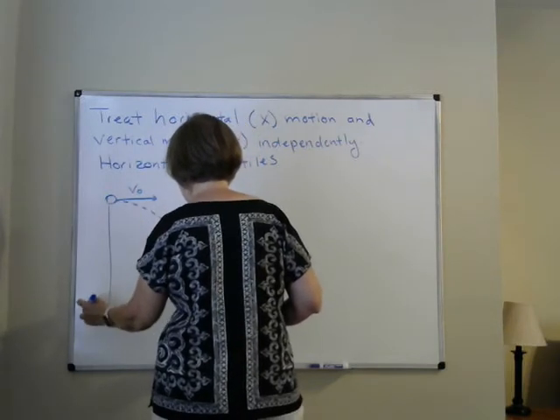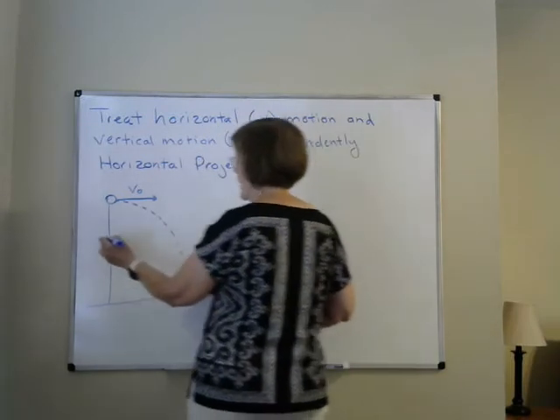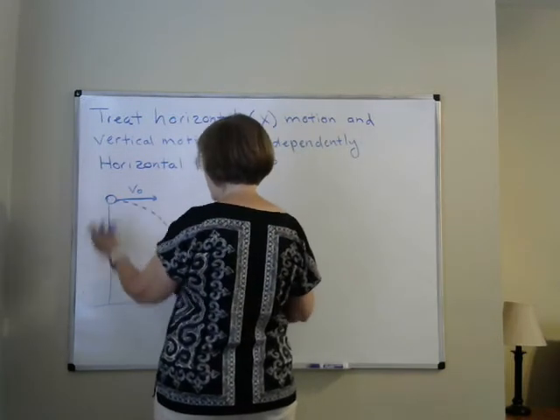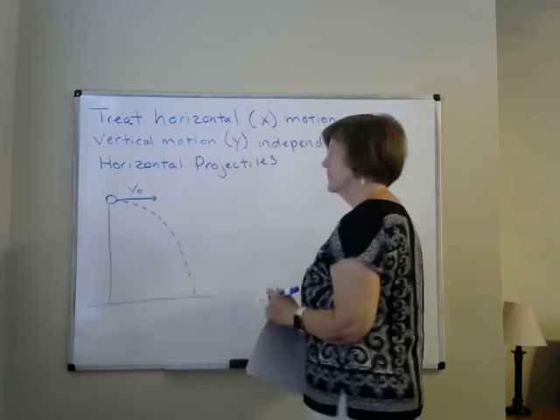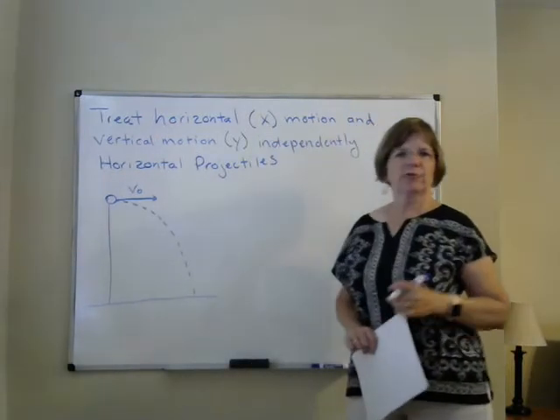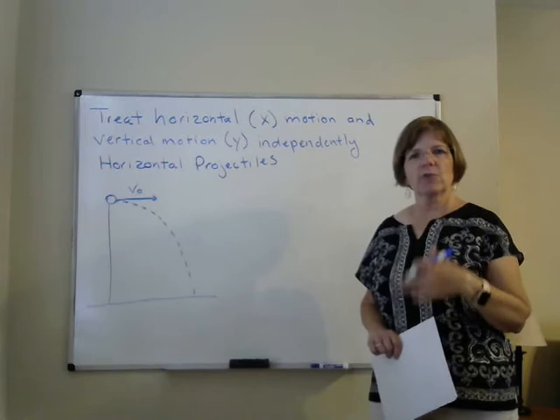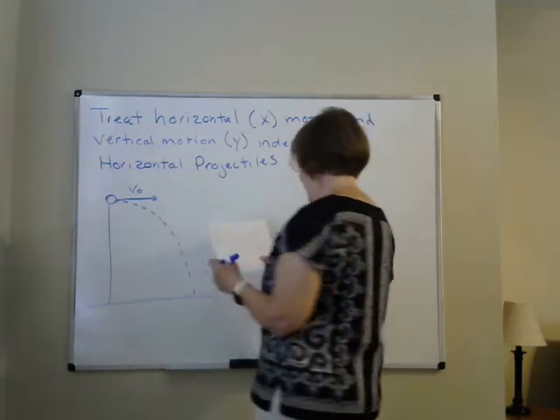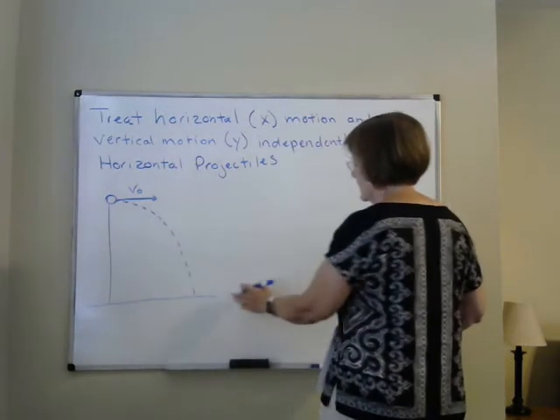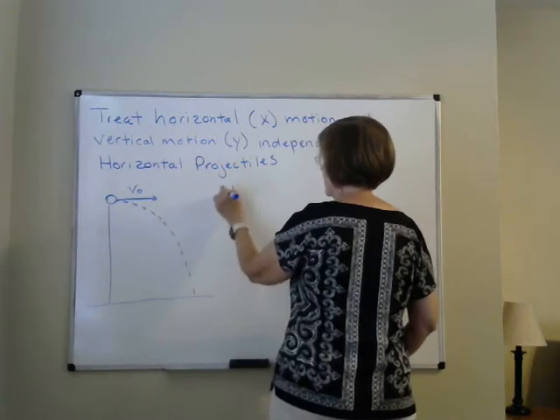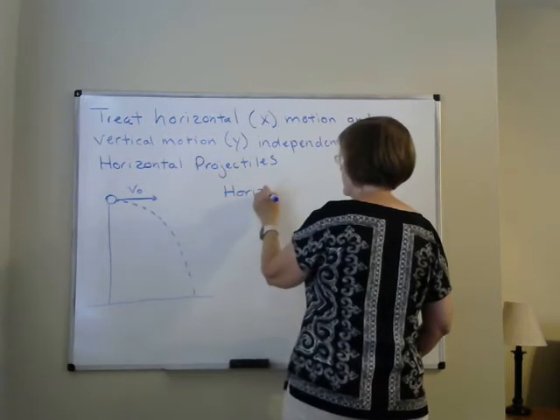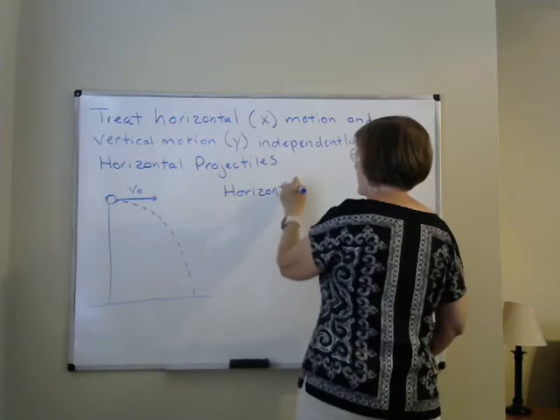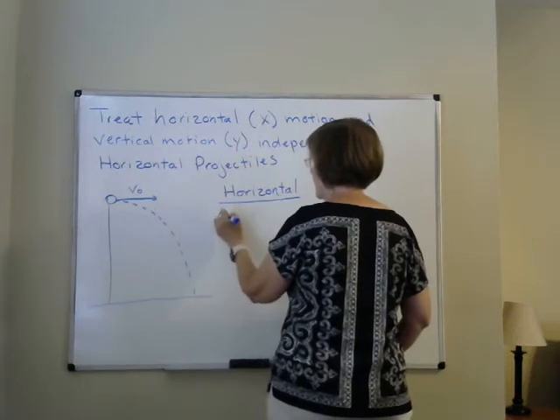Now, in order to have a horizontal projectile, it has to start off with some initial height here. You have to throw a baseball above ground. You can't have a horizontal projectile start off at ground level. If we think about everything that's going on, in horizontal motion, the acceleration is 0.